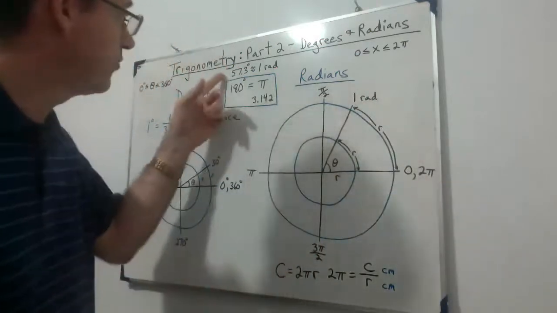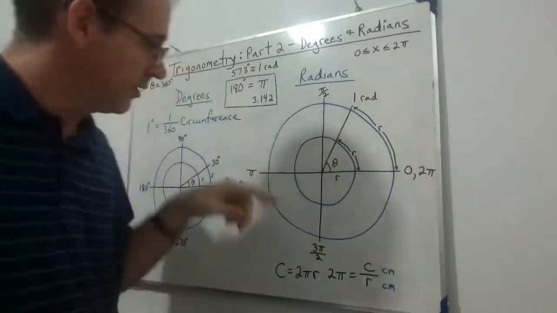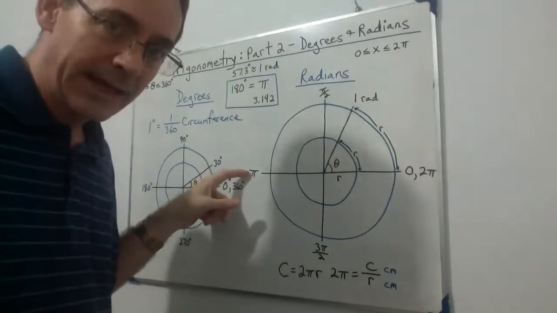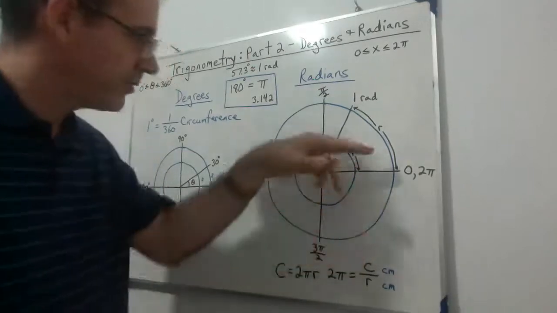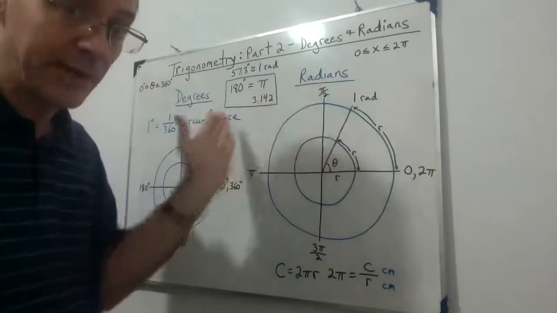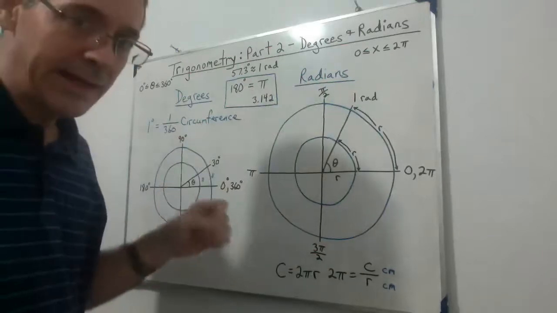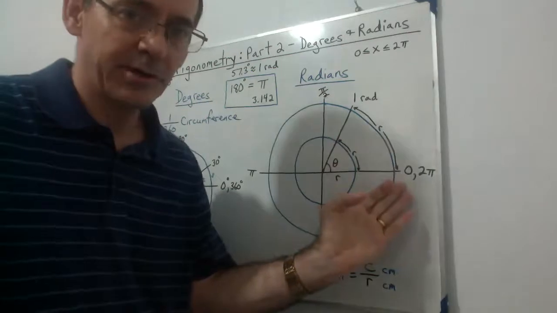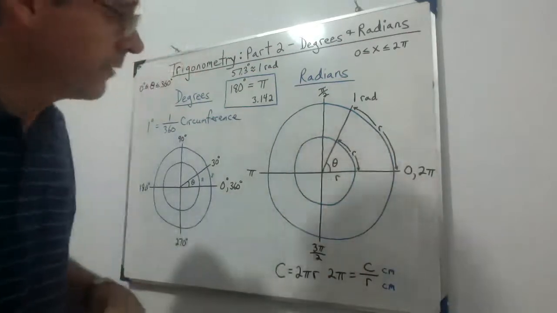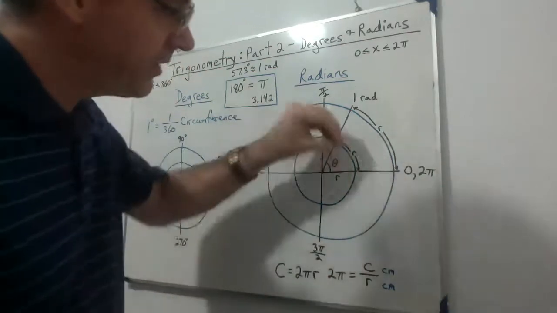Of course, if you multiply this by 3, you'll get your 180. If you multiply it by 3.14, you'll get your 180. If you multiply it by 6.28, you should get your 360. Okay, so a radian is a radius length.